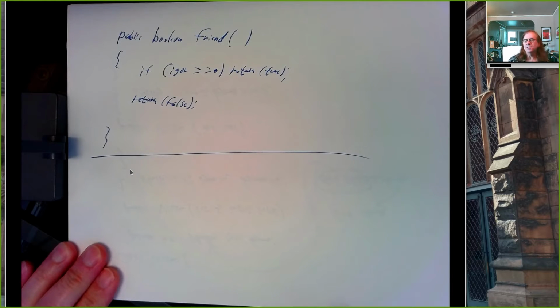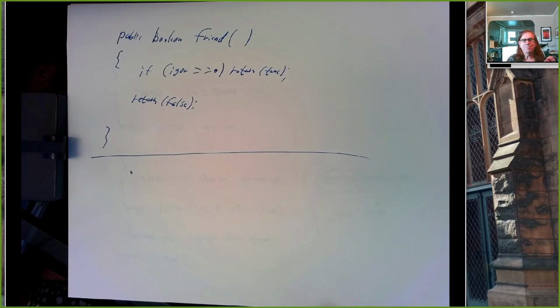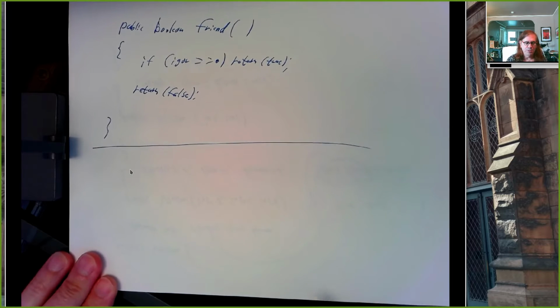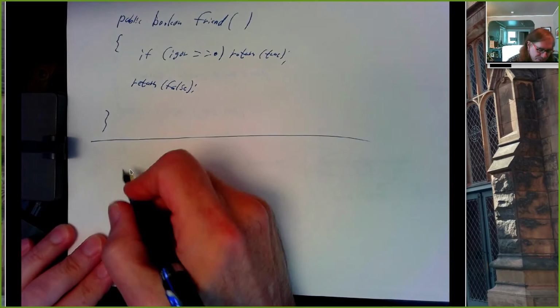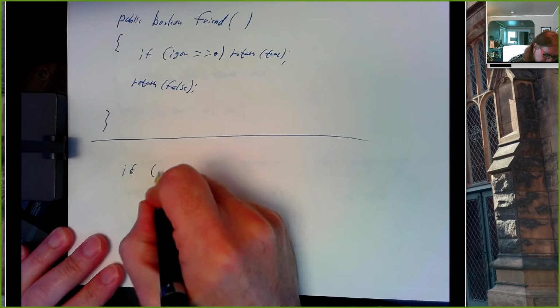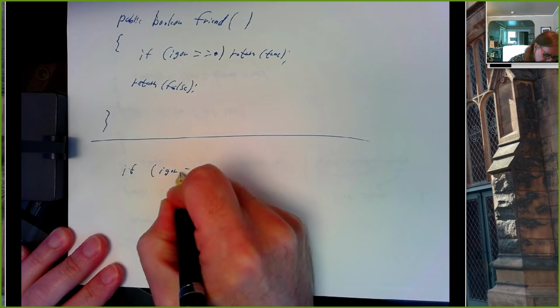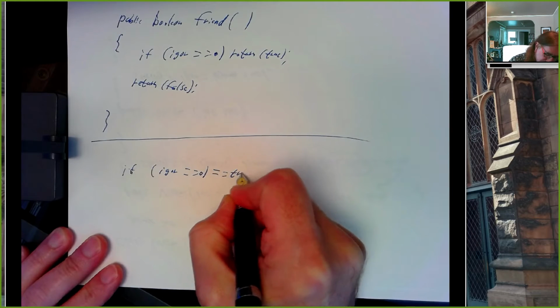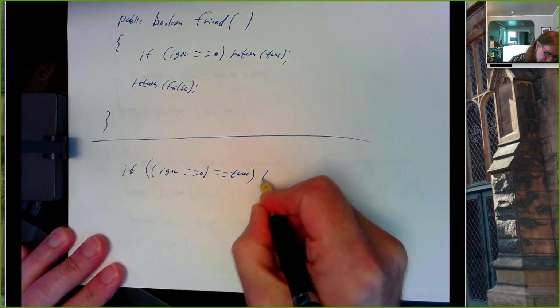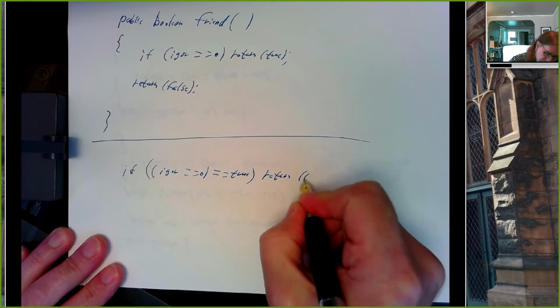Some other versions of this will work, but might not be what you want to write. So just to think about other ways to do this, what I saw some people do is something like this: if Igor equals 0 is equal to true, return true.